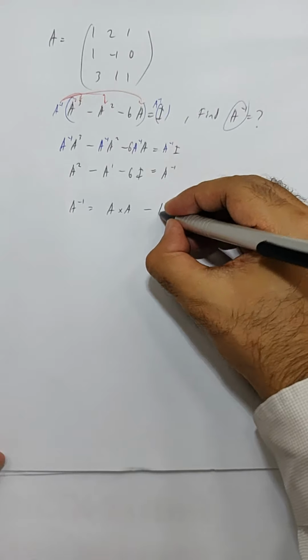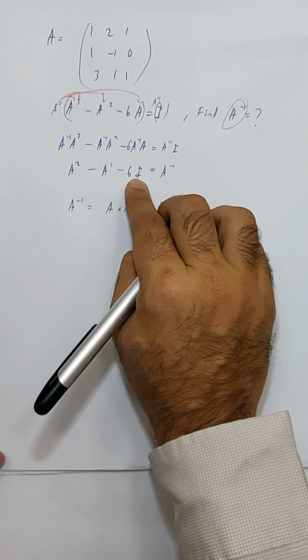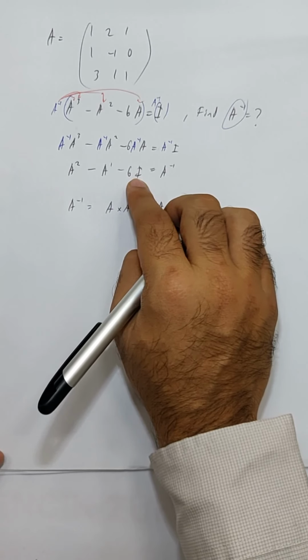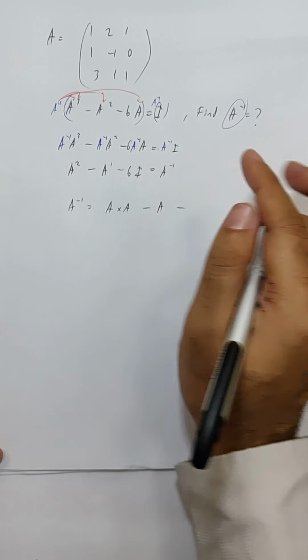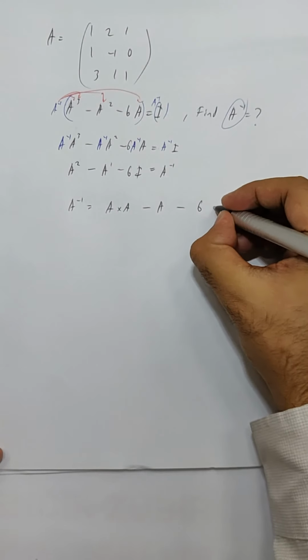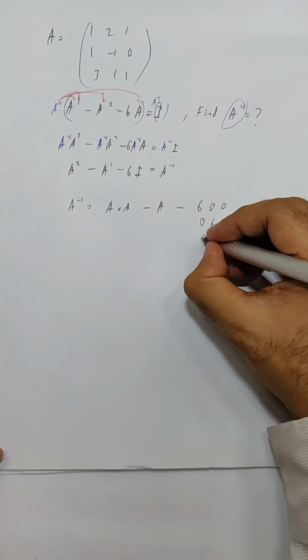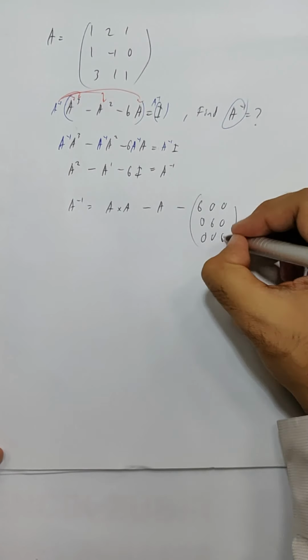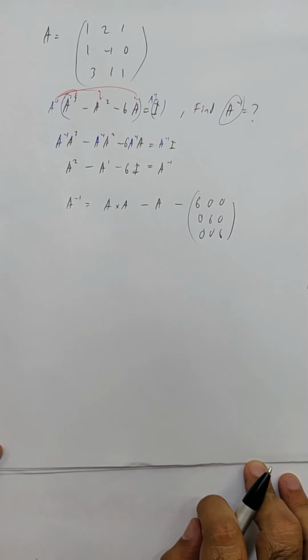A is just A. Now, what about 6I? 6I is going to be equal to what? 6, 0, 0, 0, 6, 0, 0, 0, 6.